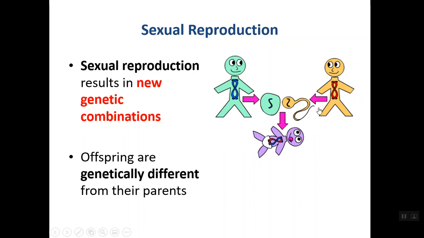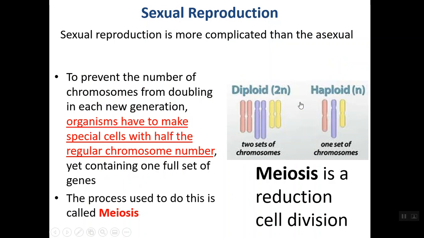And in sexual reproduction, the organism produces gametes through a process of cell division, which is very different from mitosis and is known as meiosis, where you start from stem cells that are diploid, just like all the other cells of the body of the organism, and you end up with haploid cells.